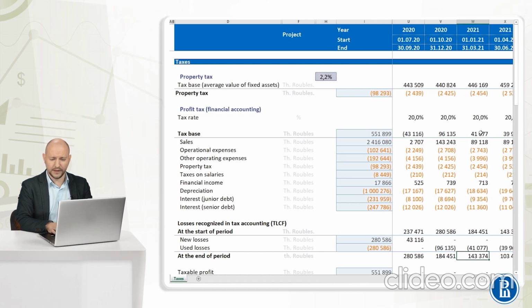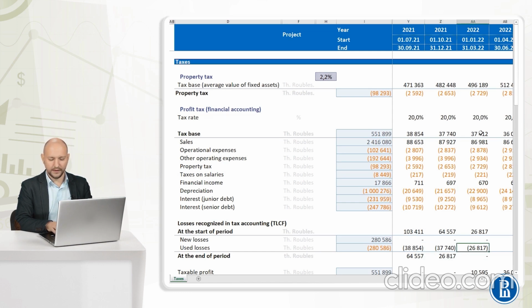And this way we can do until tax loss carry forward is equal to 0, which in fact happens by the start of 2022. And here, as we see, we have run out of any tax loss carry forward, which means that we cannot use it at all.